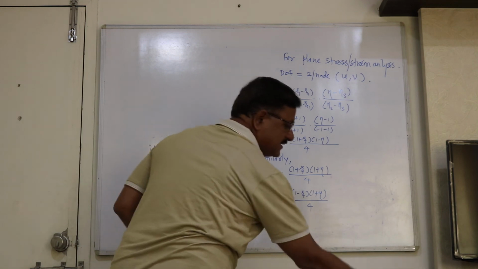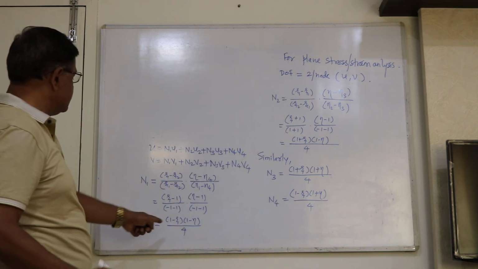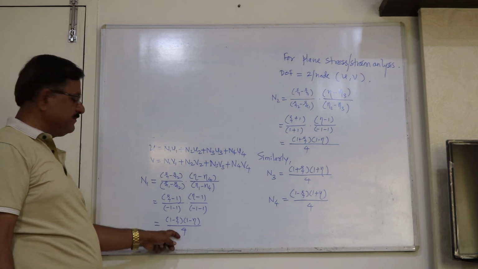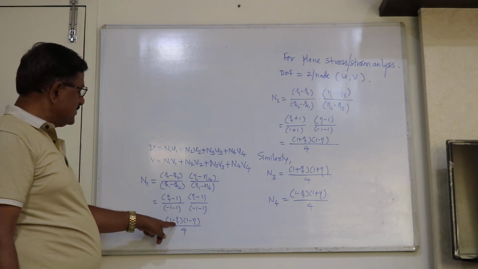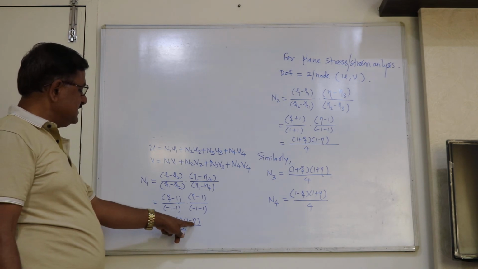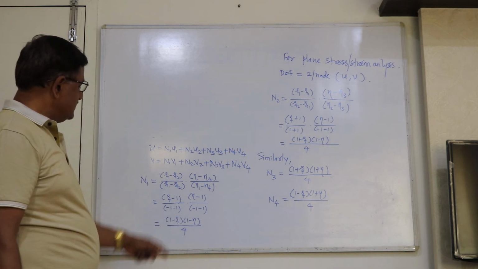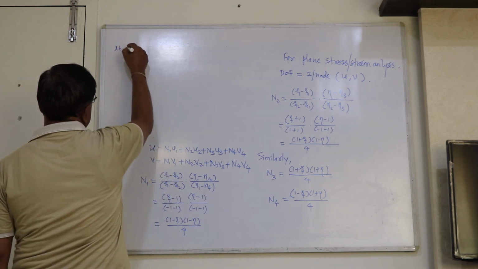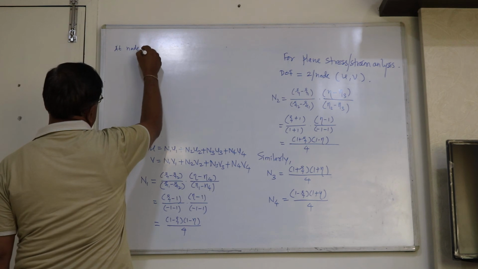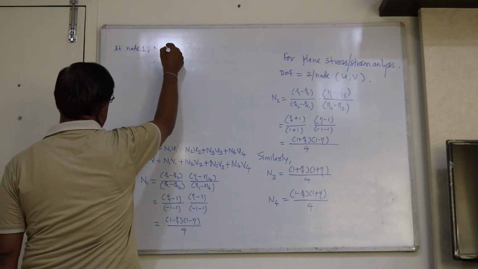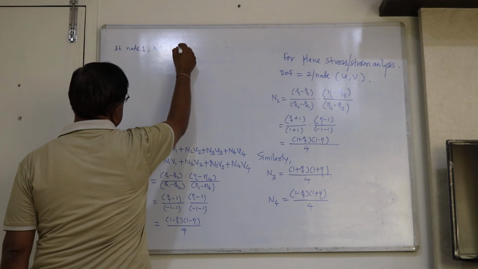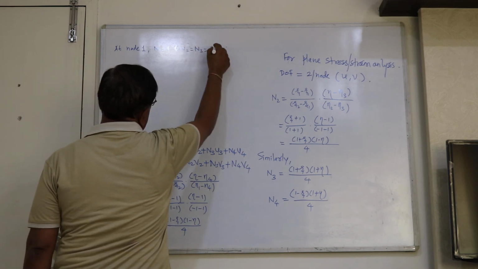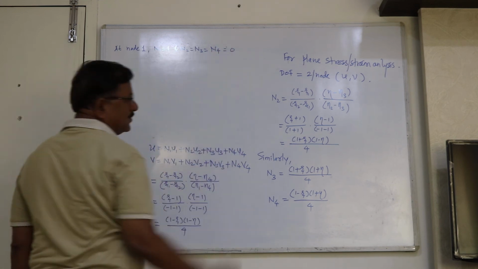N1 is equal to 1 minus xi, 1 minus eta, divided by 4. When we substitute xi equal to minus 1 and eta equal to minus 1, at node 1 the value of N1 will be 1, and N2, N3, N4 will be equal to 0.